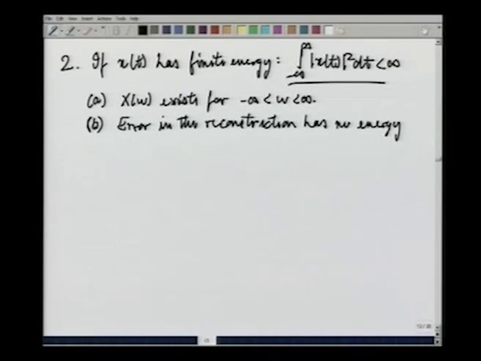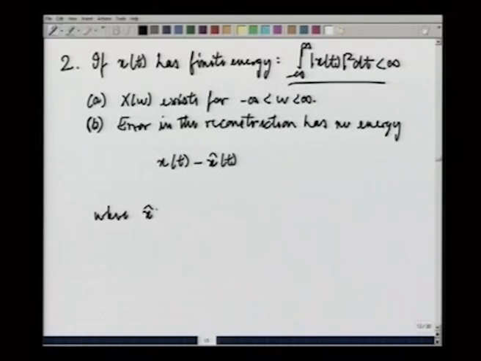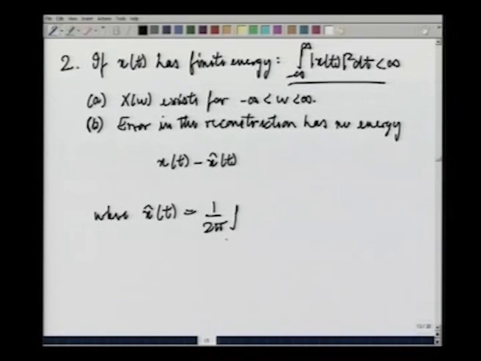What is the reconstruction error? Reconstruction error is the difference between the original and the reconstruction. So, this is essentially the reconstruction error x(t) minus x hat(t), where x hat(t) is 1 by 2 pi, integral from minus infinity to infinity, X(omega) e to the j omega t d omega.